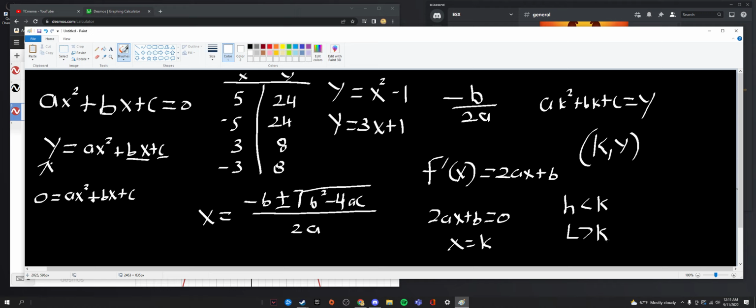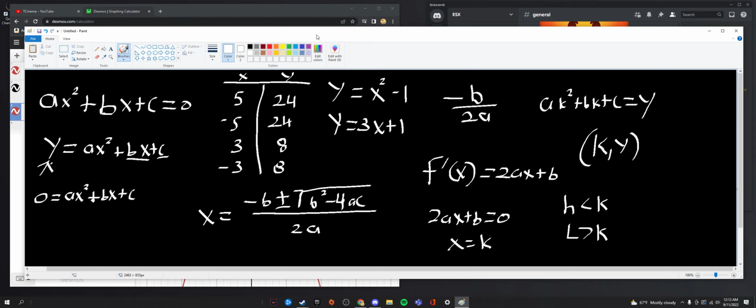Now what does this tell you? Well, if you plug in the value h that is less than k and it's negative, that would mean you have a minimum point. Is that right? Am I wrong? Let's think of the intuition for this. Derivatives are instantaneous rates of change.